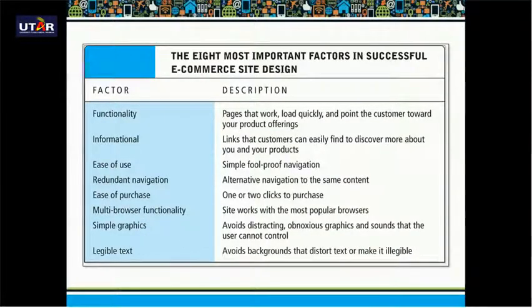So of course there are 8 important factors that make your website successful. So we have to consider functionality: pages that load quickly and point the customer toward your product offering. Second, informational links that customers can easily find to discover more about you and your products.